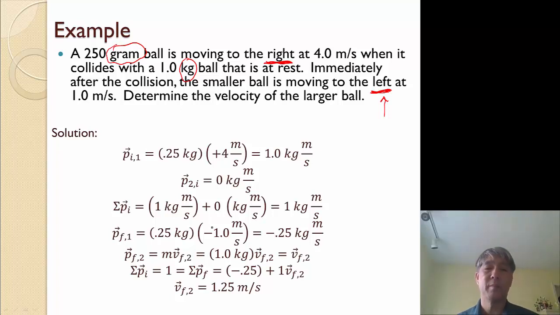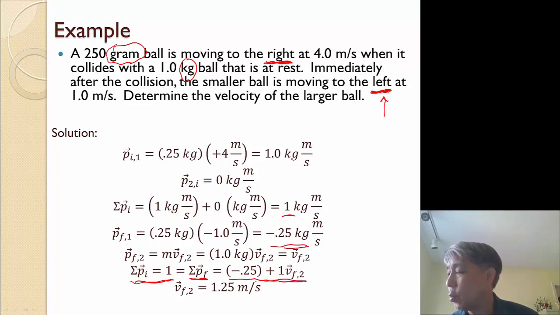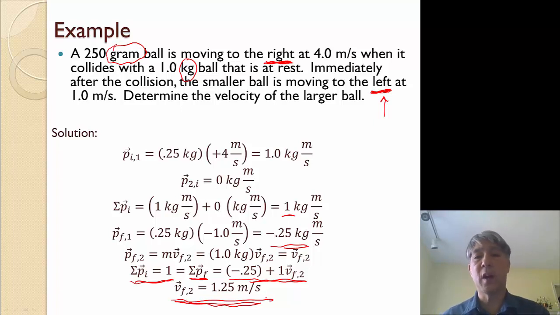The sum of my initial momentums is 1, and that has to equal the sum of my final momentums, or minus 0.25 plus 1 times V final 2. Doing a little algebra, we find that the final velocity of the second ball is simply 1.25 meters per second in the positive direction, or 1.25 meters per second to the right.